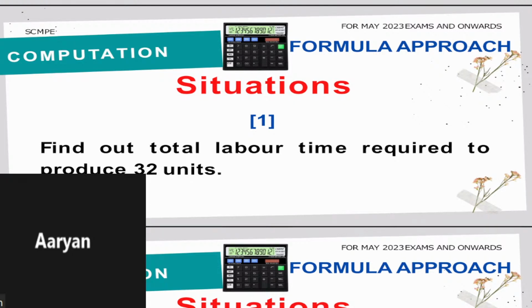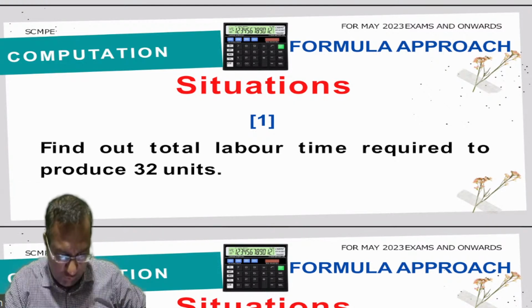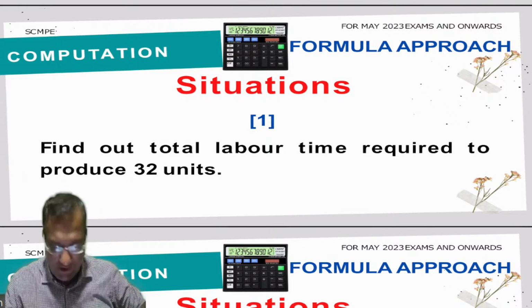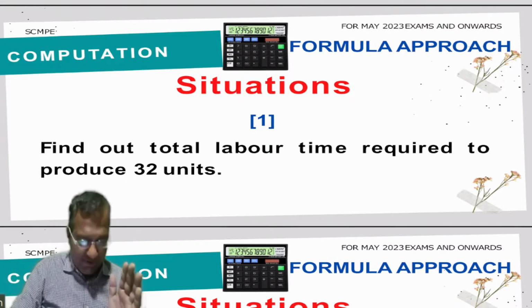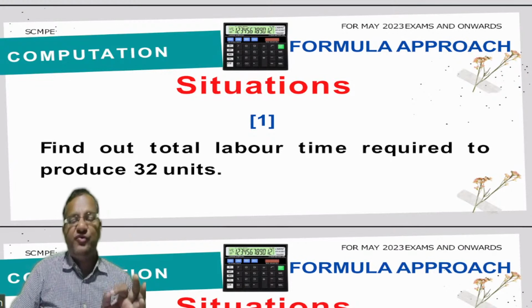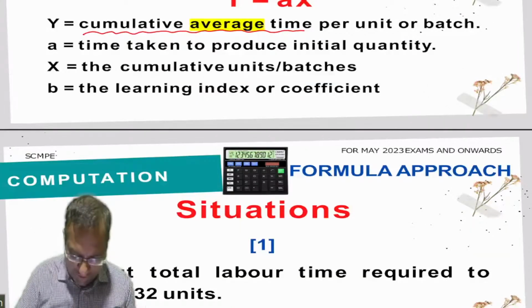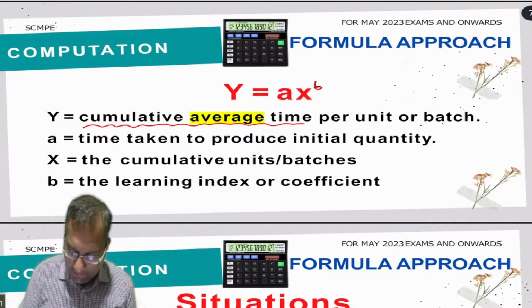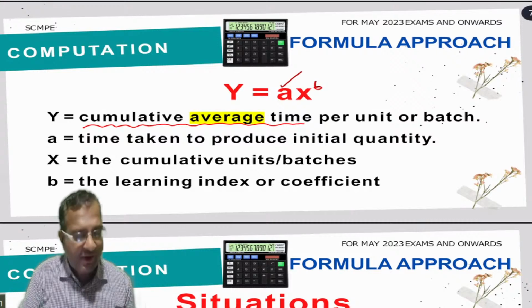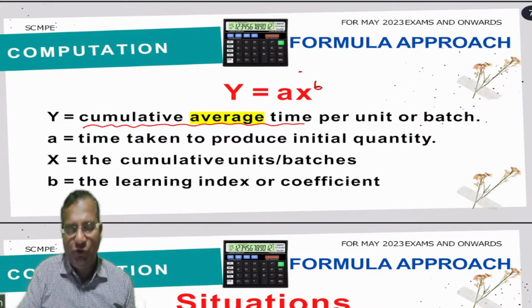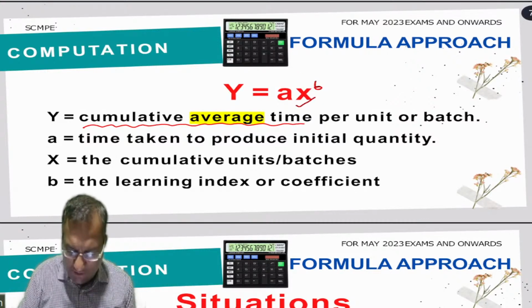Okay, so what will be the structural part? Please understand, beta. In step number 1, we will find out average time taken to manufacture 32 units. ये जो फॉर्मूला अप्रोच है, हम यहाँ पे टाइम टेकन बाय वेरी फर्स्ट यूनिट रखेंगे. हमें नहीं पता वो क्या है, we do not know right now. यहाँ पे हम 32 यूनिट रखेंगे.